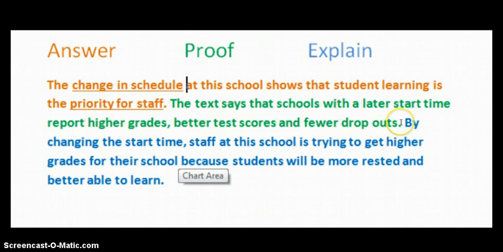That's right from the text. That's the specific evidence they're looking for. And then the last piece: by changing the start time, staff at the school are trying to get higher grades for the school because students will be more rested and better able to learn. So that's how I explain how these results show what the staff's priority is.